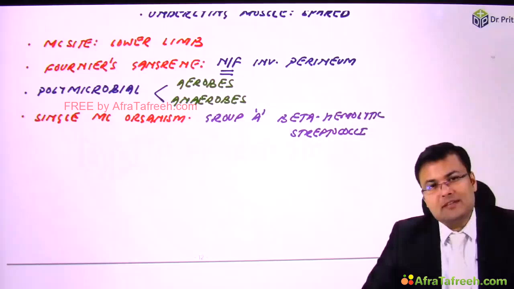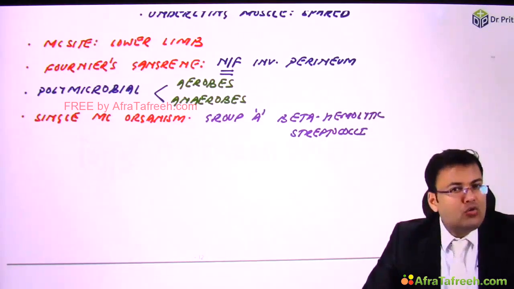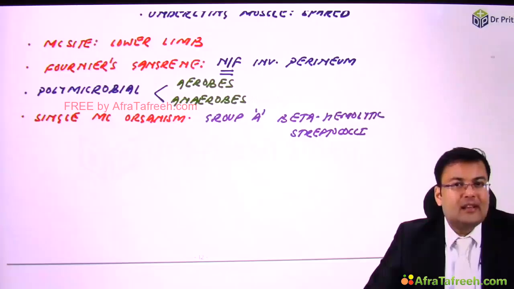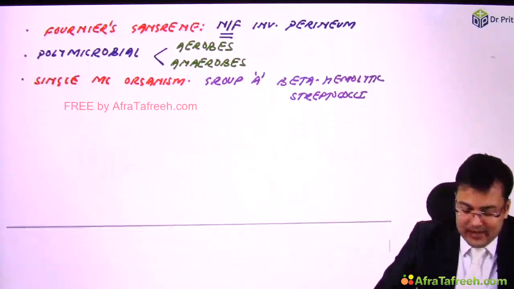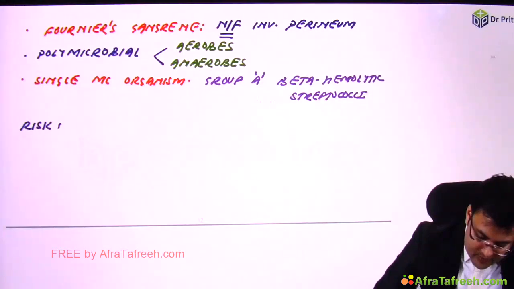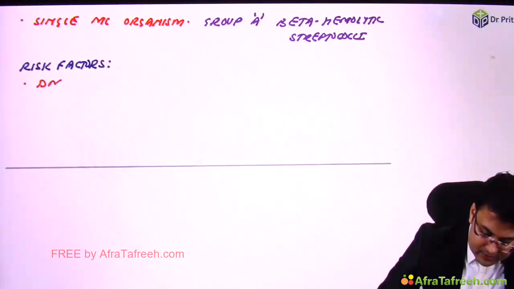What are the risk factors for necrotizing fasciitis? Generally, for these kinds of infections, two common risk factors are there. One, diabetes mellitus, and second is immunocompromised state. So see, what are the risk factors? First of all, diabetes mellitus.